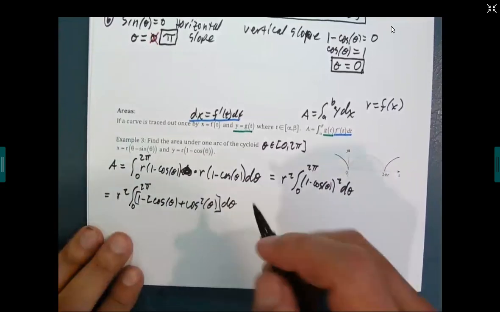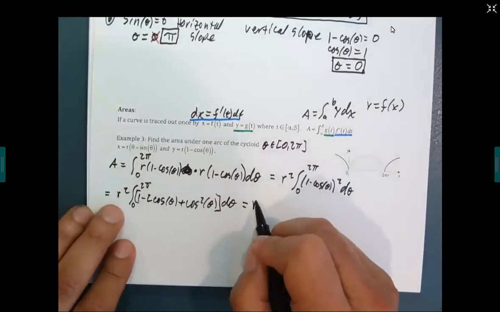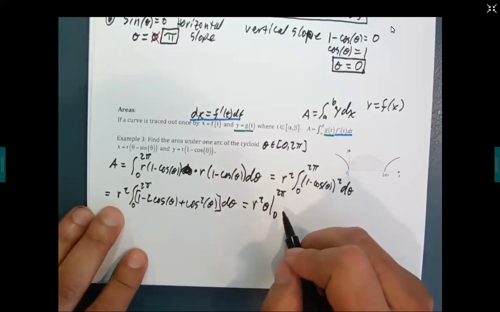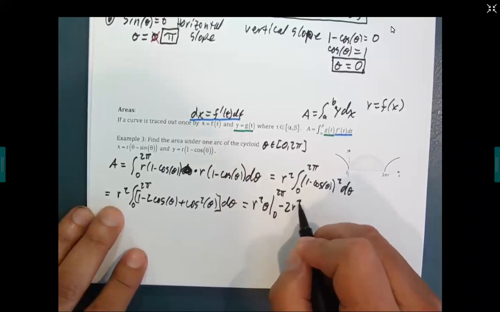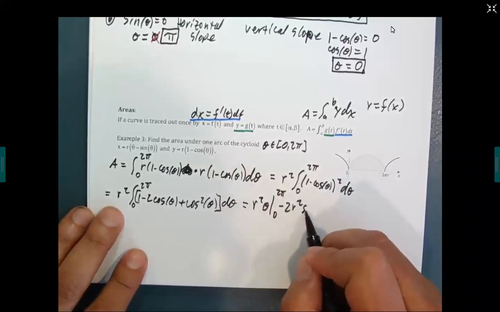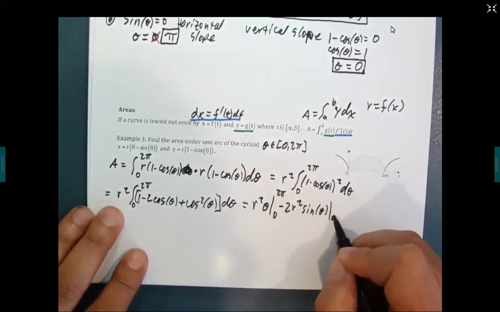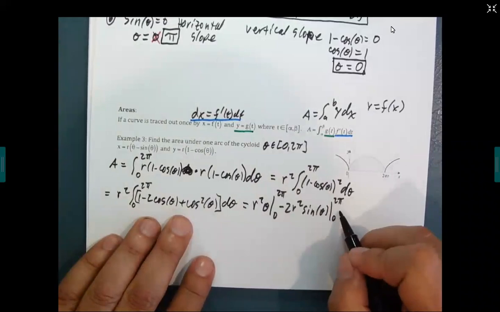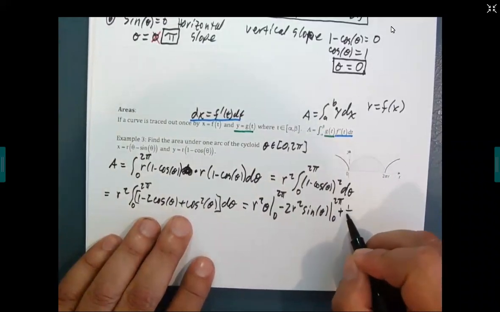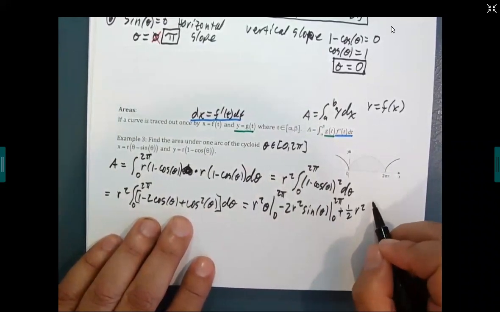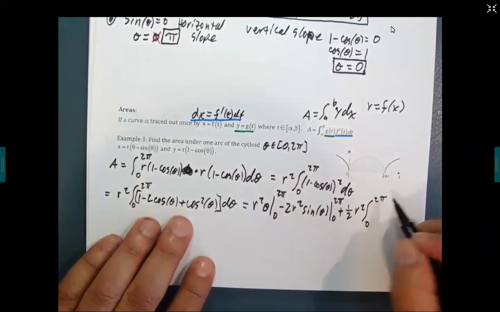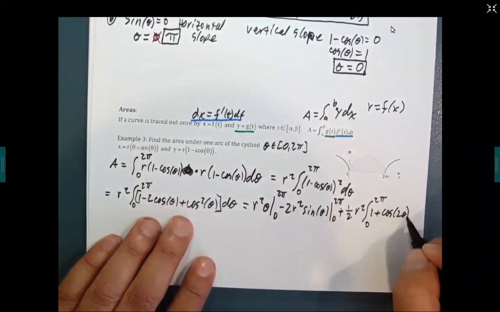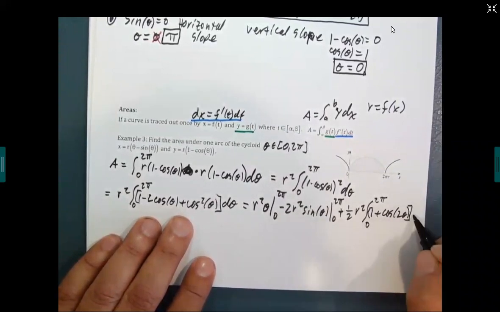I'm going to break this up. So this is going to be r squared times theta from 0 to 2 pi minus 2r squared sine of theta from 0 to 2 pi. And this is going to become plus 1/2 r squared, the integral from 0 to 2 pi, of 1 plus cosine of 2 theta d theta.